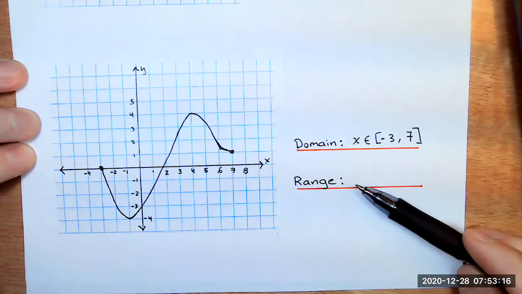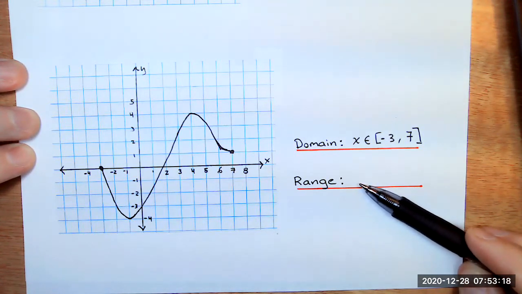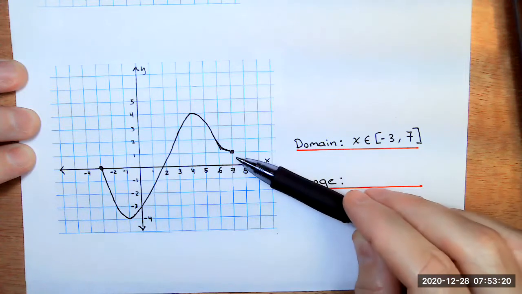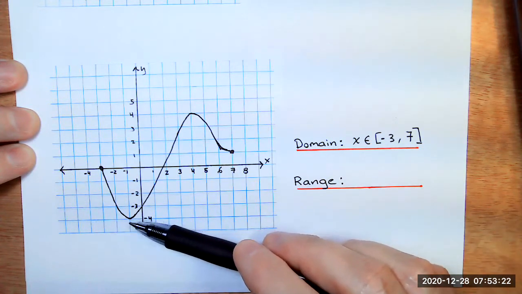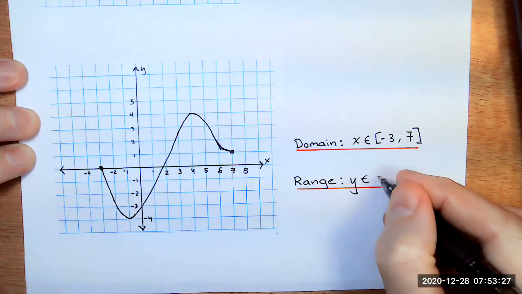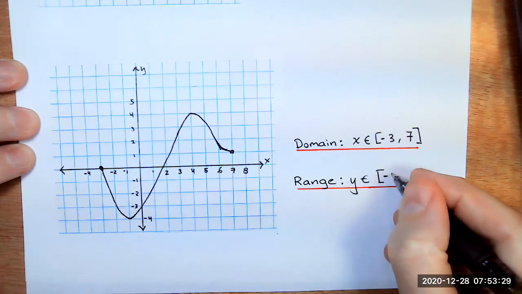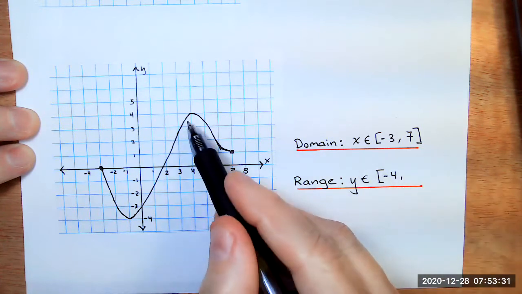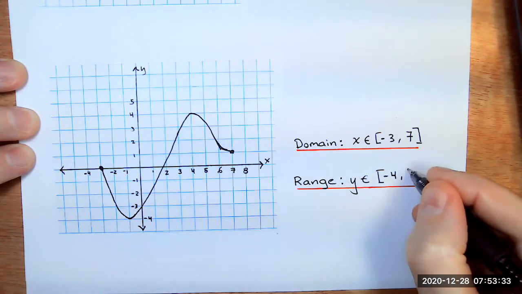Now the range are the highest and lowest y values. So they don't have to be the endpoints. In this case, the smallest y value is -4. And the largest y value is +4.